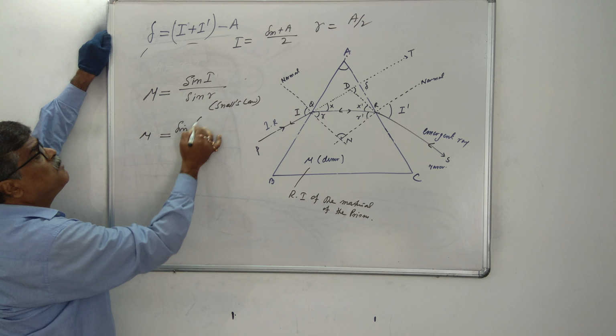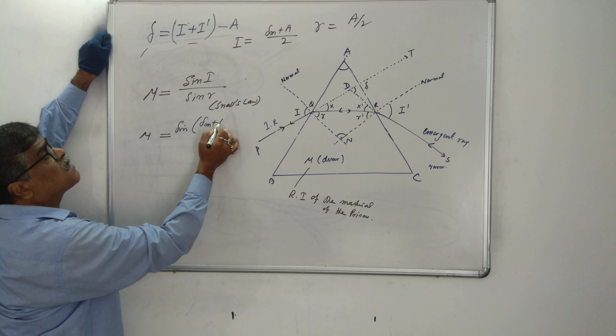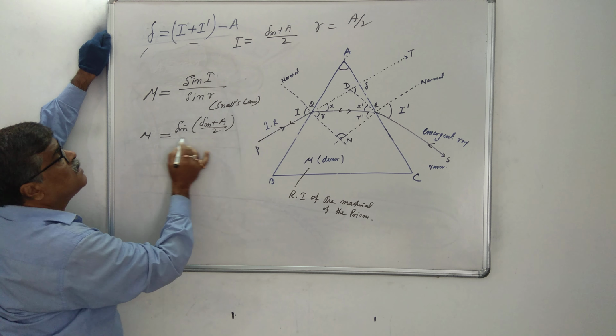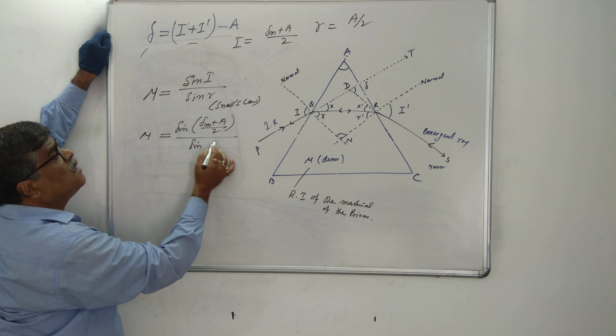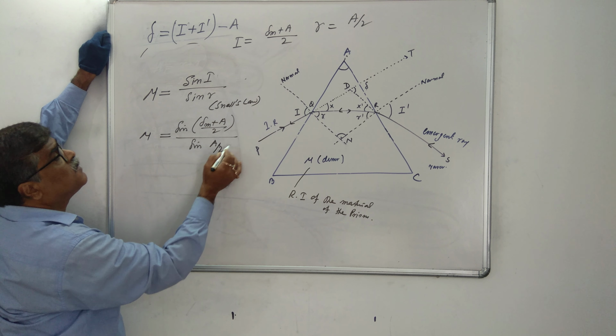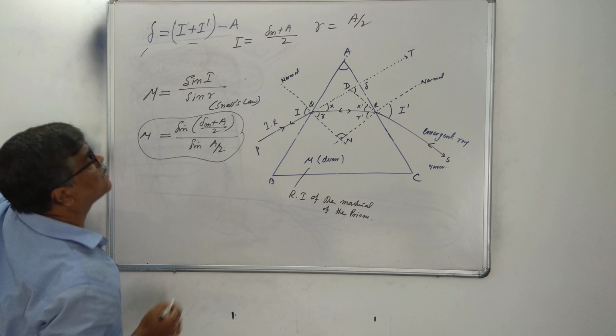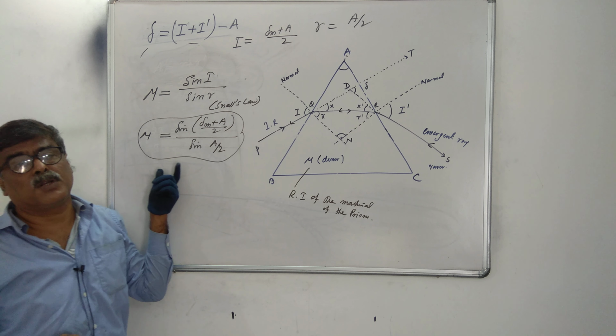Sin of I, which is (delta M plus A) by 2, divided by sin of A by 2. And this is the most popular result for examination.